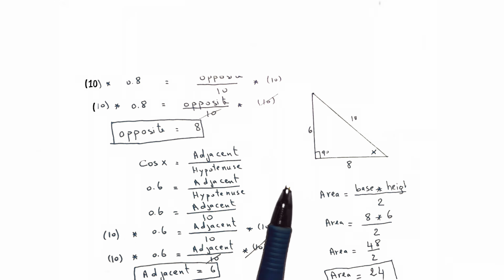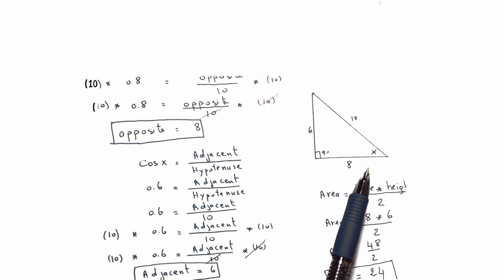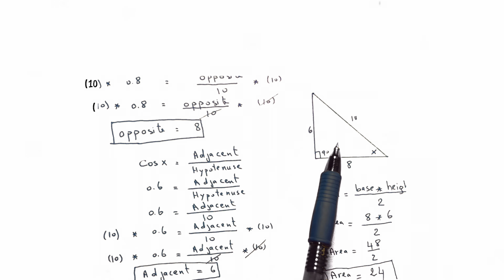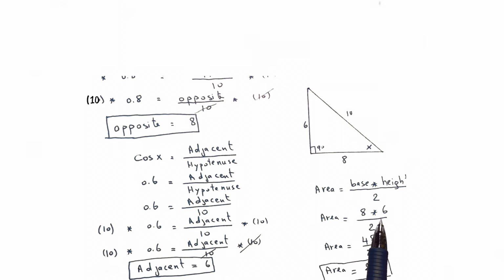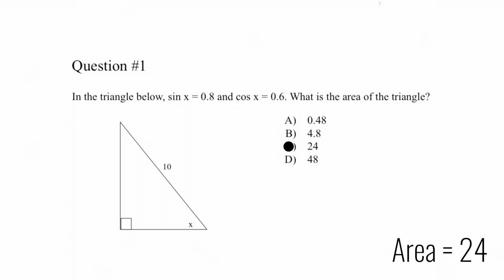So the area, as we know, is the base times the height divided by 2. In this case, since we have a right triangle, the base is 8 and the height is 6. So it will be 8 times 6 divided by 2. 8 times 6 is 48, divided by 2, which is 24. And that's our chosen answer.